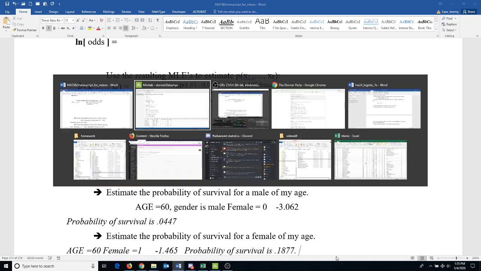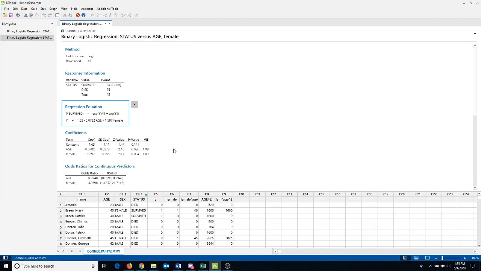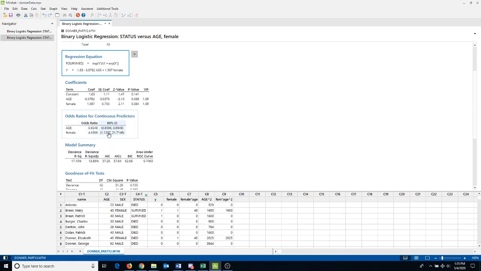And we could take a look at that. We talked about this as the odds ratio for a female. For age, the odds ratio is between 86% and 100%, or 86% of the previous value up to 99%. Whereas being female will add to my survival chances anywhere from 1.12 all the way up to 21.7 times as much, for a particular value of age.